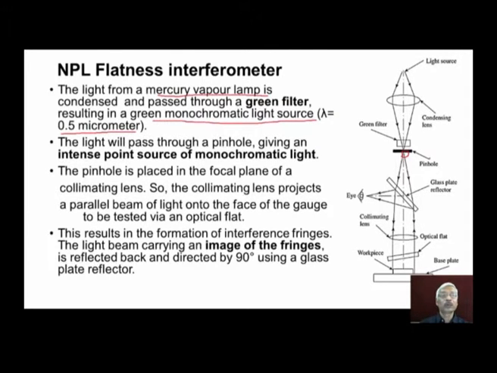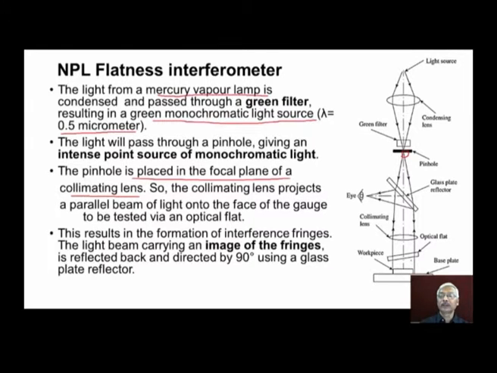The pinhole is placed in the focal plane of the collimating lens. So we have a collimating lens here, and the pinhole is placed at the focal point of this collimating lens. So we get a parallel beam of monochromatic light which will fall on the workpiece to be inspected.